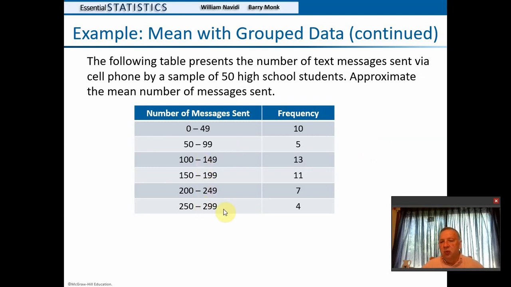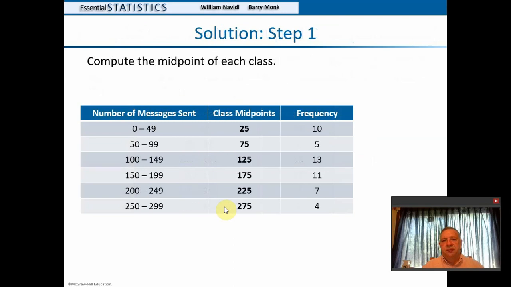So I continue along with each one of these. And here's what I get. Here's my 25 from the first one. Here's the frequency of each one of these. But now I'm going to use these for all 7 classes, and then I can calculate the mean.